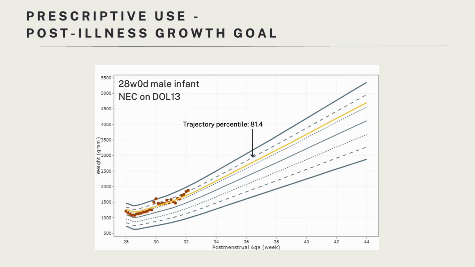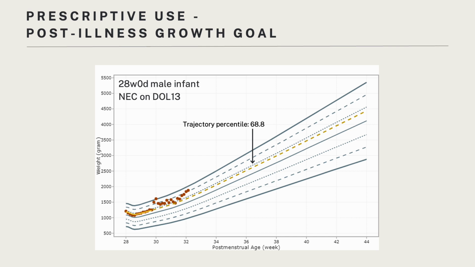Here is another example of the prescriptive use of postnatal growth charts. So this is a 28-week male infant who did well until 13 days of life when he developed surgical necrotizing enterocolitis. As you can see here, weight started to fluctuate after NEC developed. So the overall trajectory percentile wasn't very useful.